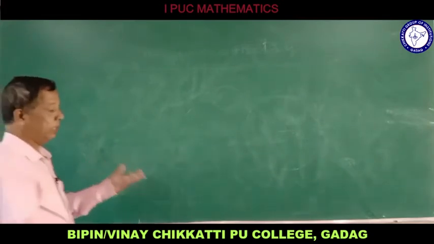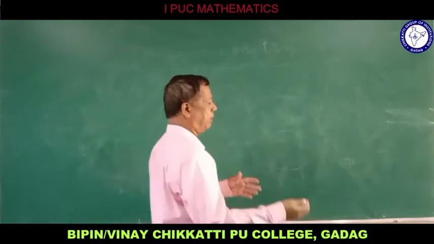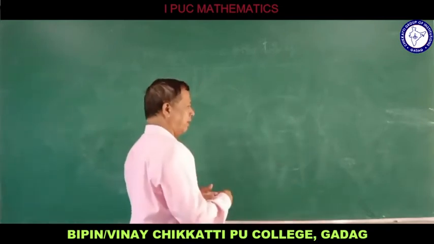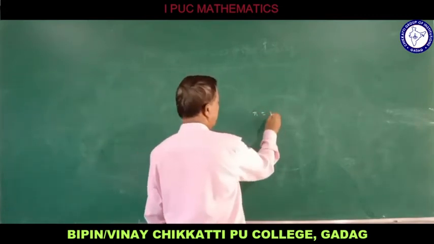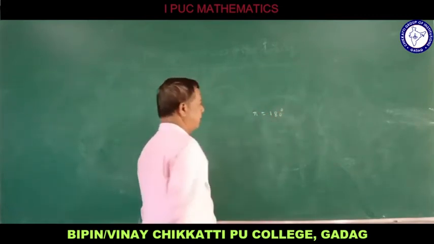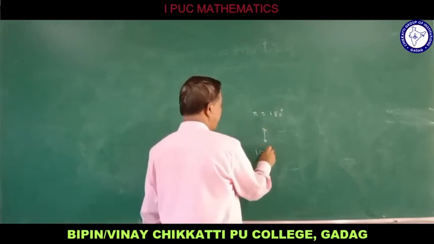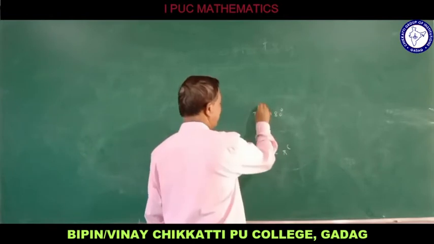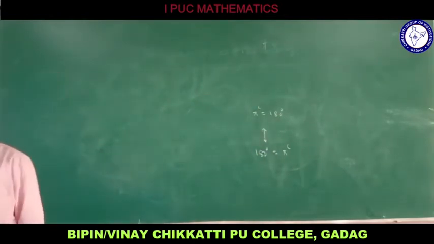In the examination they give radian and ask you to convert to degree, or they give degree and ask you to convert to radian. So you have to state the formula. Pi radian is equal to 180 degree, and you can also say 180 degree is equal to pi radian. These are the two possibilities that we are going to write.